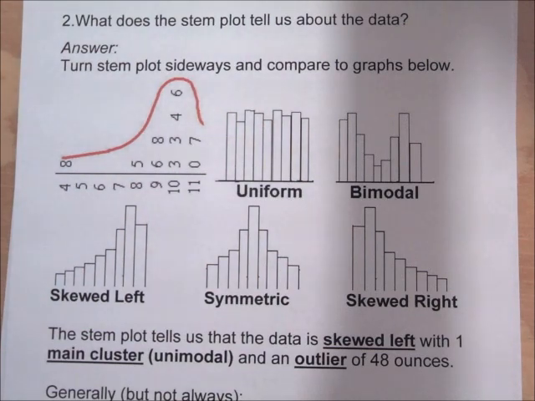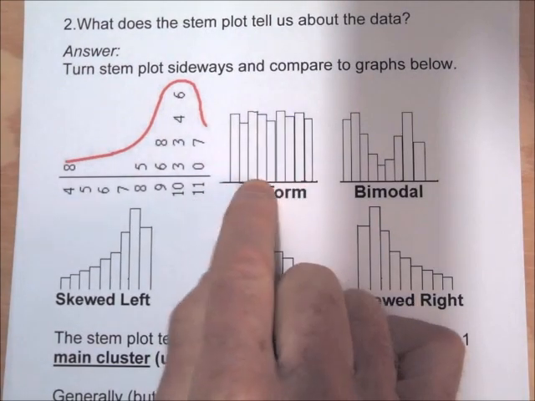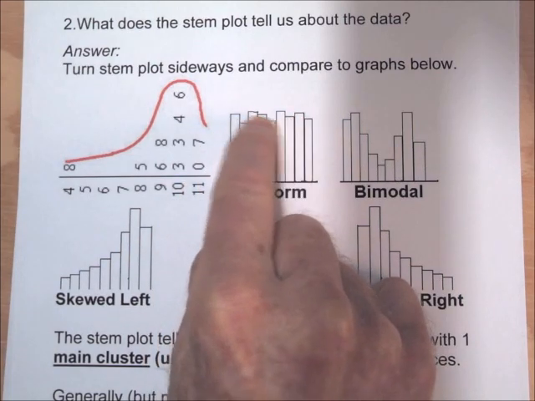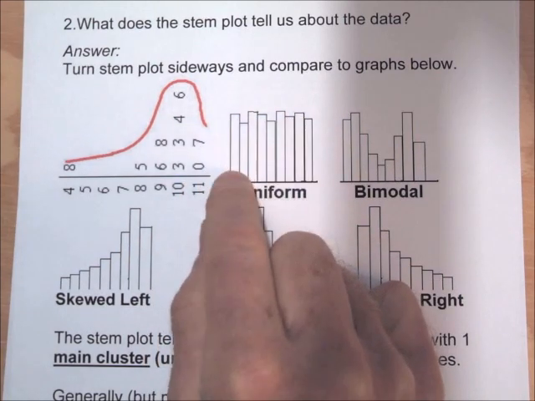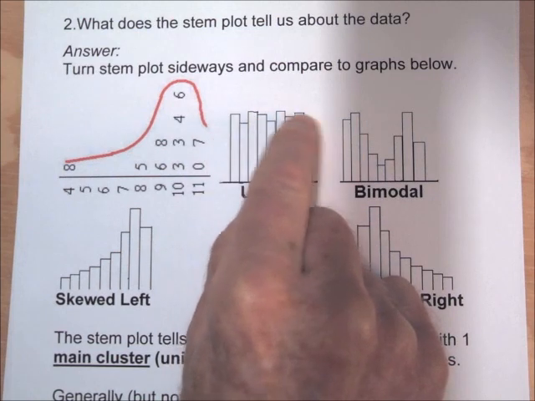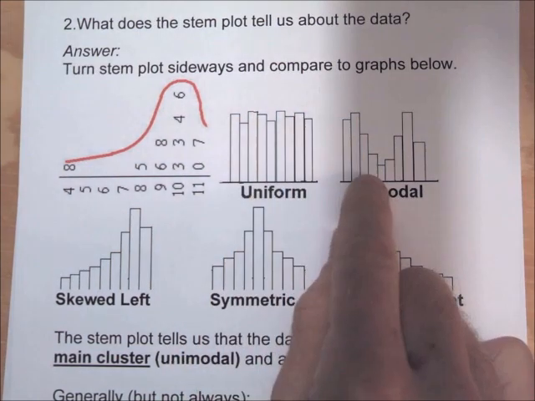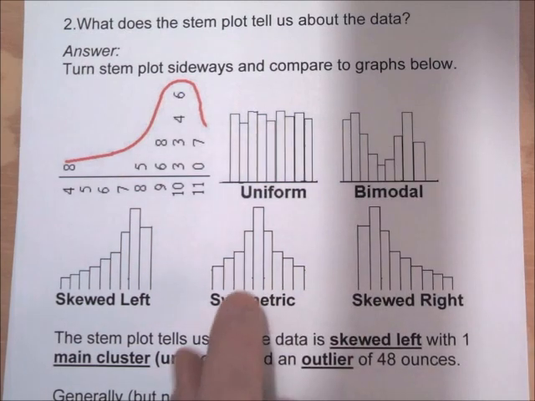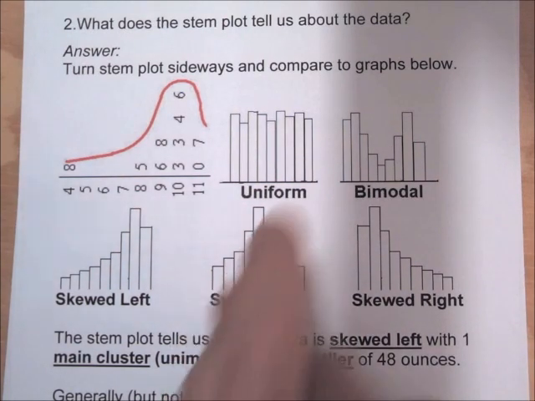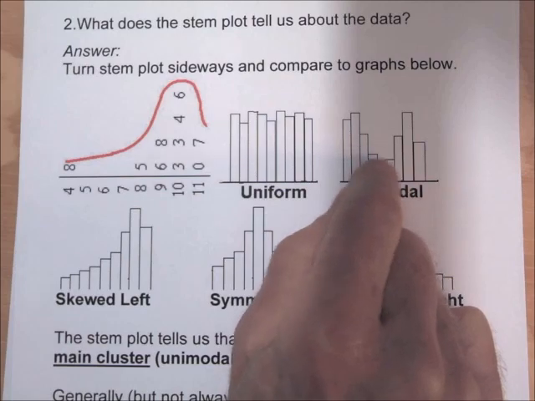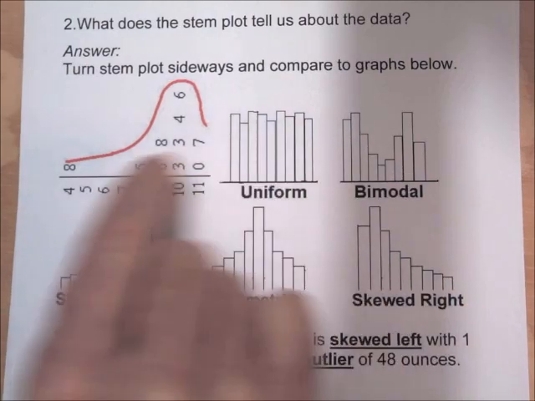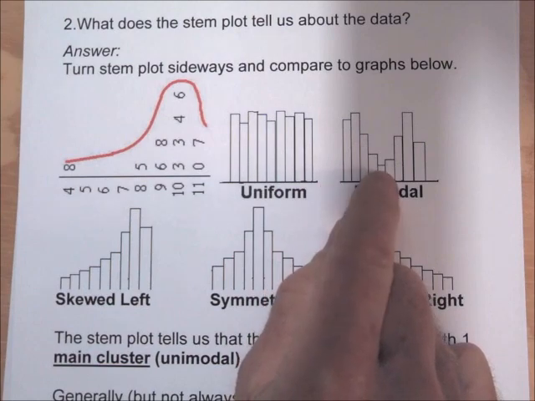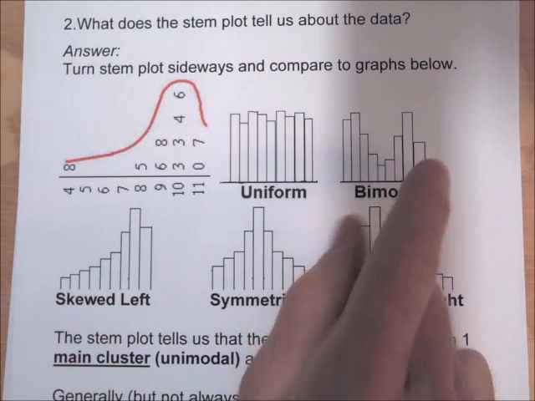Other possibilities that could happen: you could have a uniform graph where you have just about the same amount in each row, or a bimodal graph, where you have two main clusters, or a trimodal graph with three main clusters. A bimodal graph would have a bunch in the lower rows, not much in the middle, and a bunch in the higher rows.